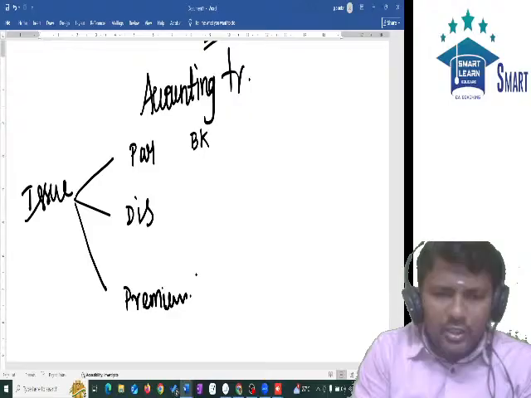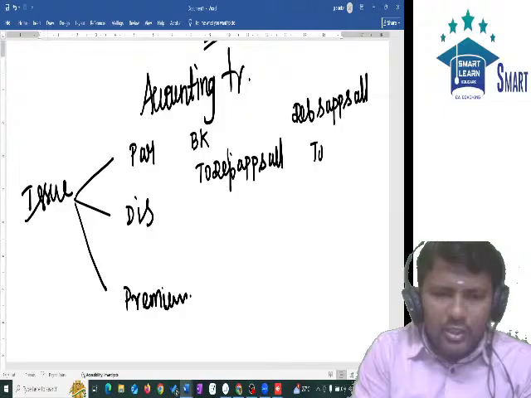First entry, bank account debit to debenture application and allotment. Second entry, debenture application and allotment account debit to percentage debenture.